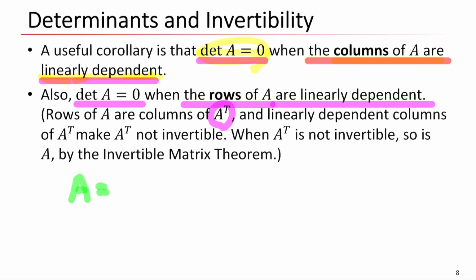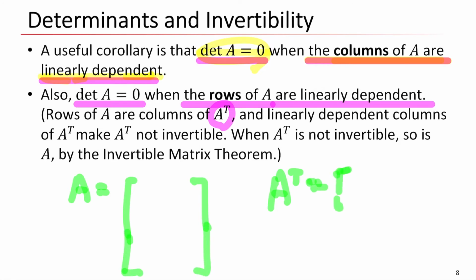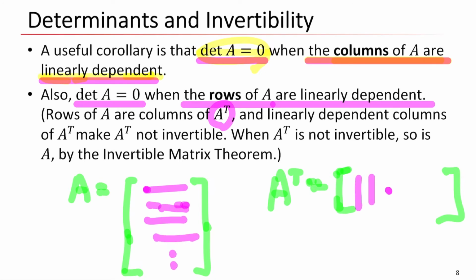If the matrix A is something like this and A transpose is something like this, then the rows of the matrix A will be the columns of A transpose.